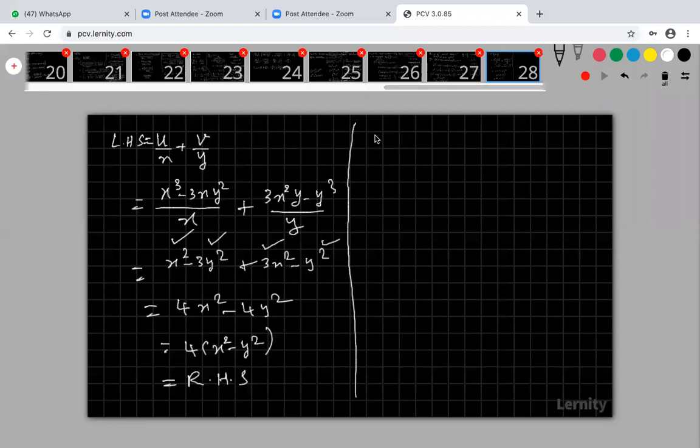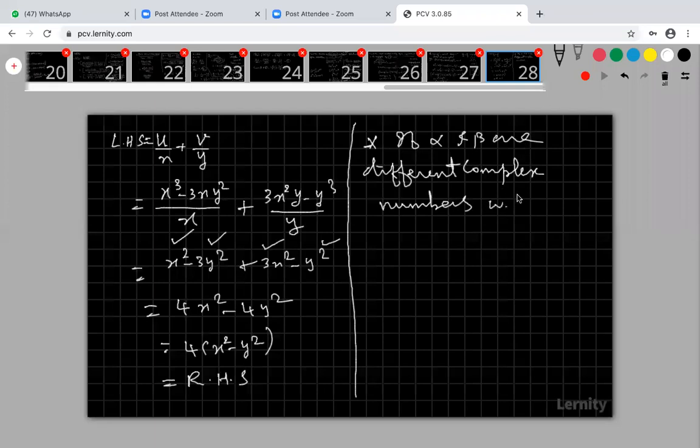All right. Look at the next problem. If alpha and beta are different complex numbers, with magnitude of beta, modulus of beta is 1, then find beta minus alpha divided by 1 minus alpha bar beta.